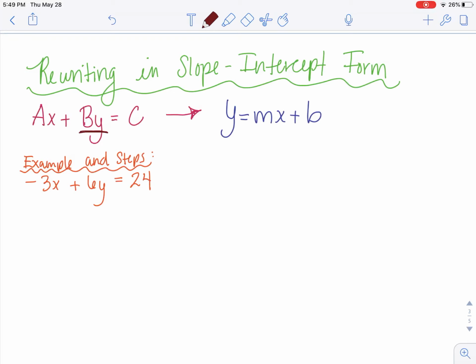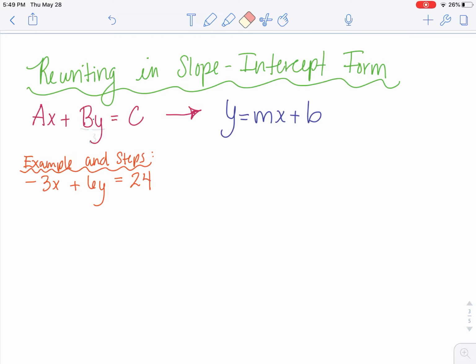So that's going to be the last thing we touch. So first we'll always want to get rid of ax and move that to the other side using the inverse operation, meaning if my ax is positive, I would like to subtract it. If my ax is negative, I'd like to add it. Then what we do is we either multiply or divide by whatever number is being multiplied or divided by y. Usually it's going to be a number being multiplied, so we'll usually have to divide by b.